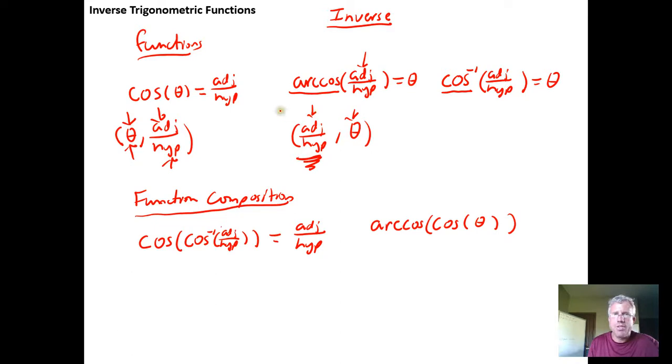That side ratio goes into the arc cosine function, and the arc cosine function spits out the angle theta. So you can think about them as canceling, or you can just recognize the fact that the arc cosine of a side ratio is going to generate the angle theta.